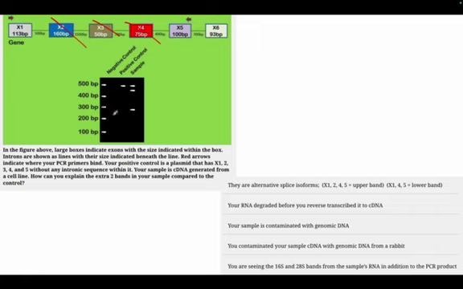So the obvious explanation is that these are alternative splice isoforms, X1, 2, 4, 5 upper band and X4, 5 lower band. Obvious explanation.